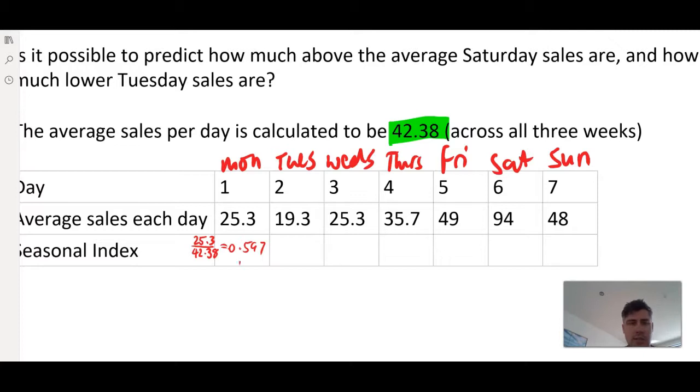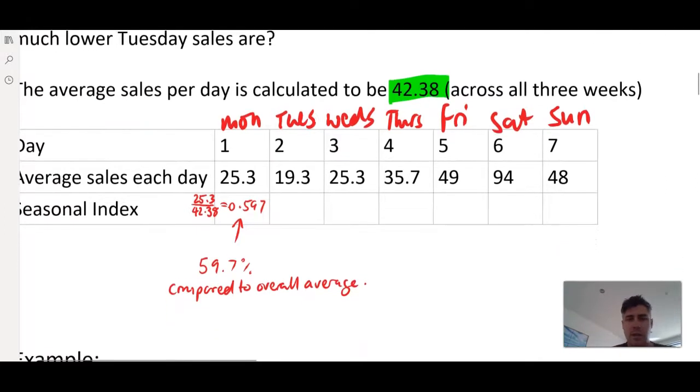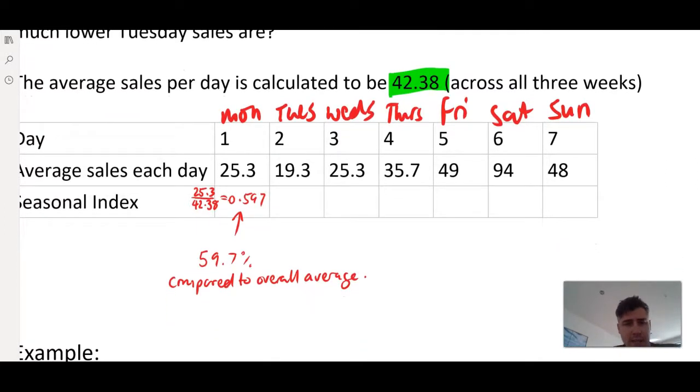Now let's just talk about what that means for a second. So this means that we expect a Monday to be 59.7% of the overall average. Okay, or another way of looking at it is that it is 40.3% lower than average.